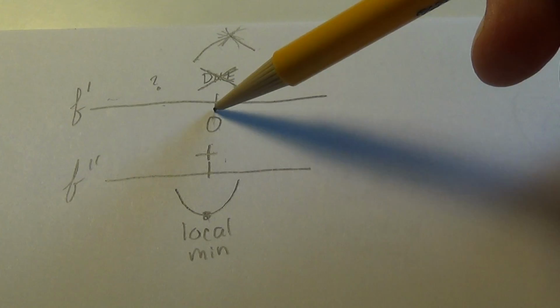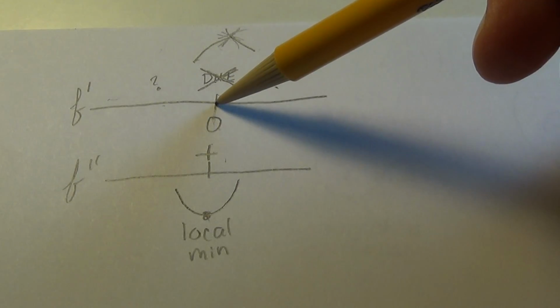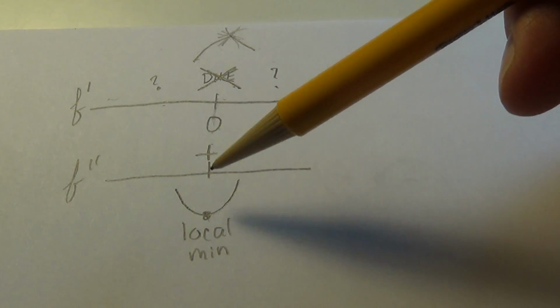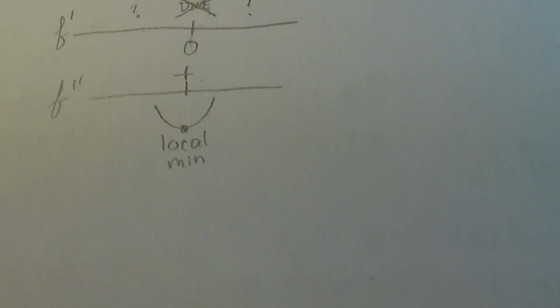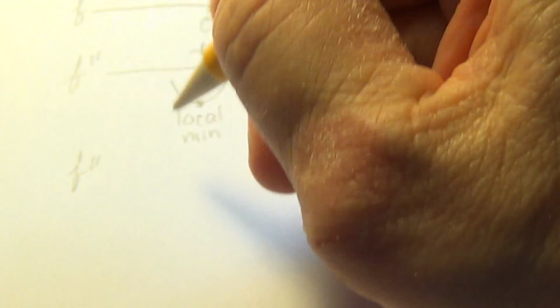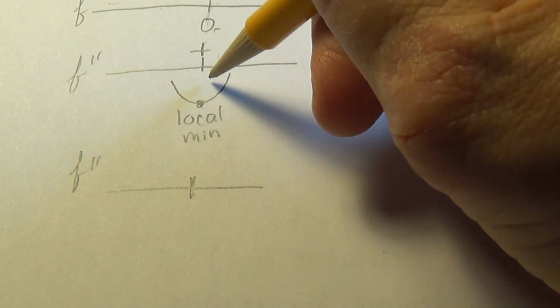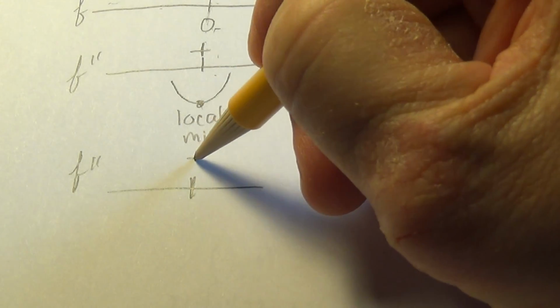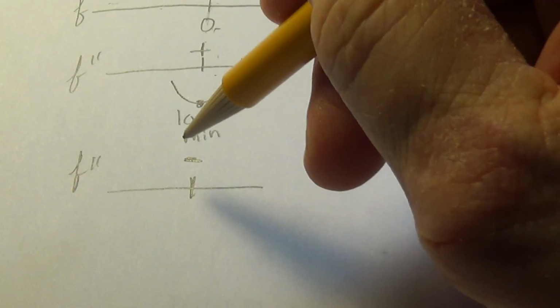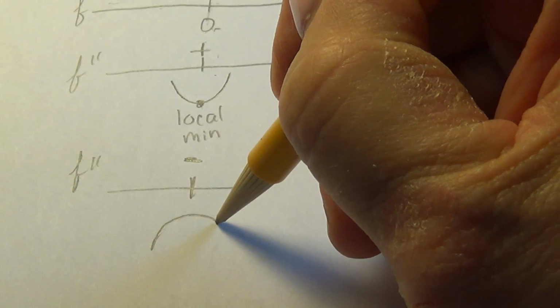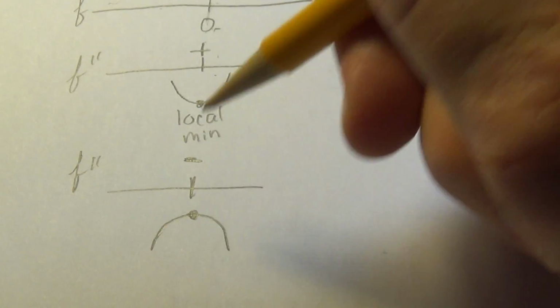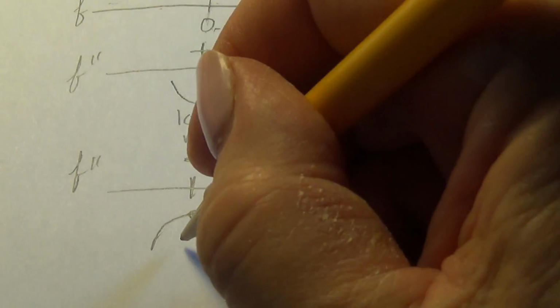So if it is positive at that same point where the first derivative is 0, then we have a local min. And if at the same point where the first derivative was 0, this time the second derivative is negative, that means we have a concave downward, so therefore we have a local max.